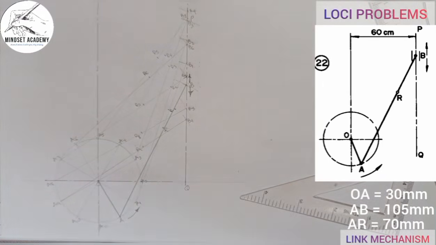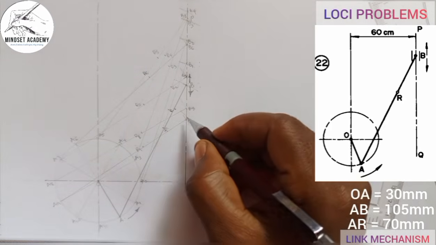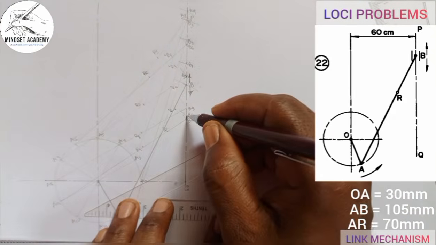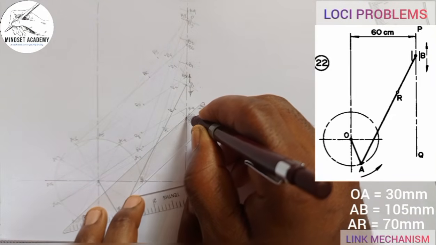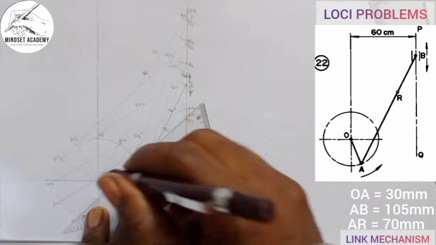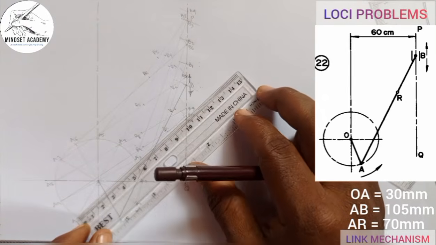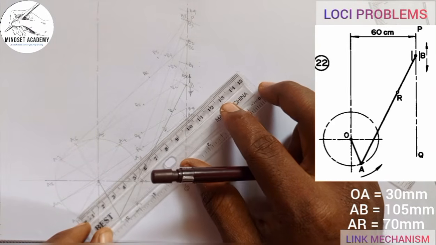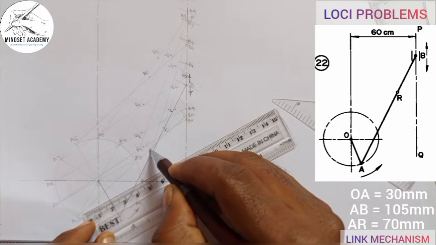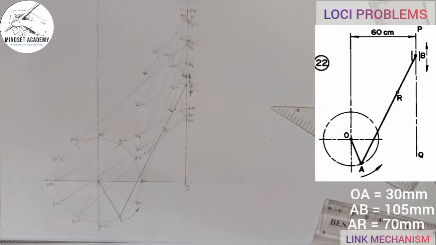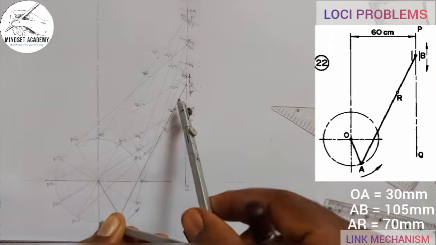Right? So similarly from A10, I'll mark. So I'm going to get B10. So I'm going to connect A10 to B10. Then mark 70. That will be my R10. Then the next one from A11 to the line PQ.